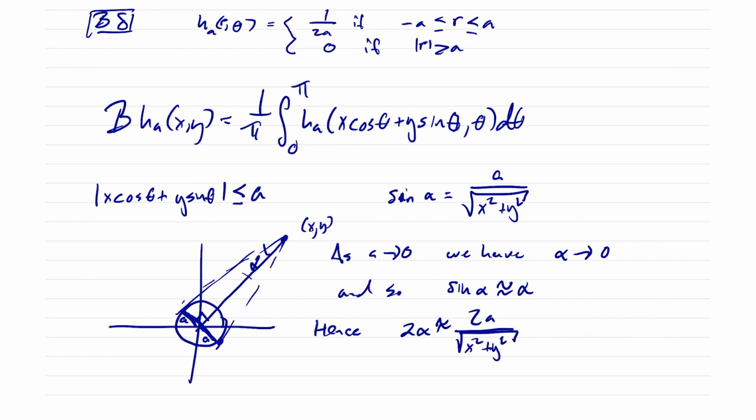Right, because this is going to be sine of alpha. For small alpha, they should agree. So that means that we're going to get this.